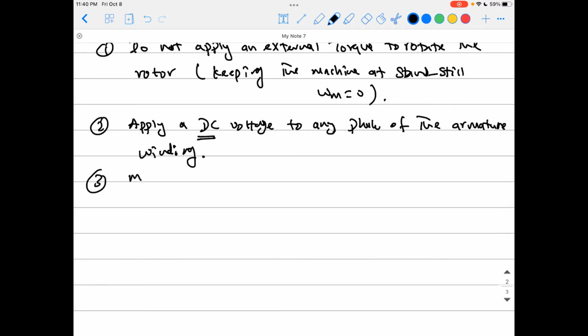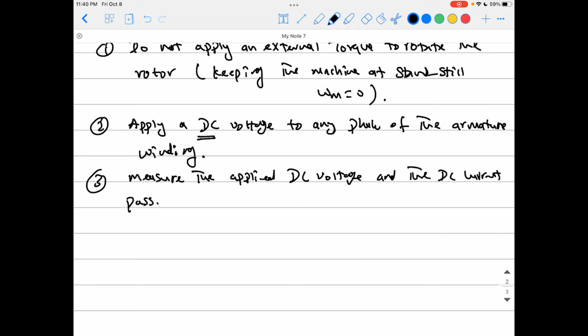Number 3, measure the applied DC voltage and the DC current passing to the phase winding.